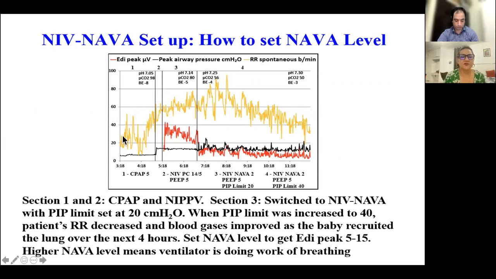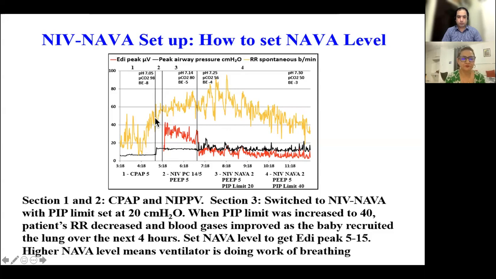So this is the baby who is on CPAP. This is the baby who is on NIPPV. And here is the time when you have switched the baby from this to NAVA. You can see what's happening here: in the CPAP, definitely there is no pressure generated.